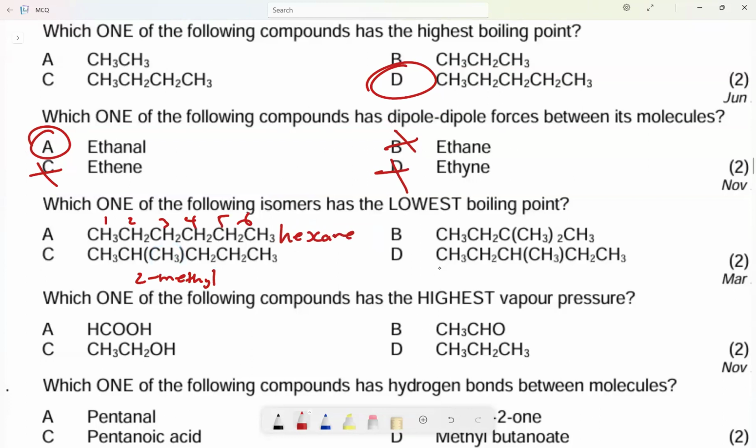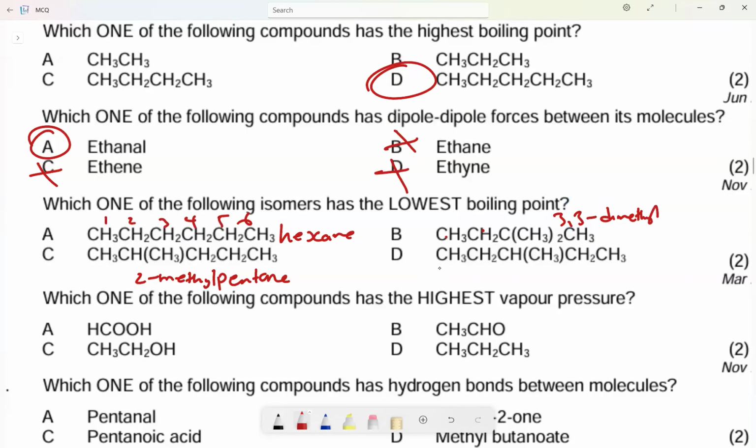It is 2-methyl. Longest chain, it is 1, 2, 3, 4, 5. I do not count the one inside the bracket. So pentane. Here it is 1, 2, 3. On carbon number 3, it has 2 branches, so it is 3,3-dimethyl.